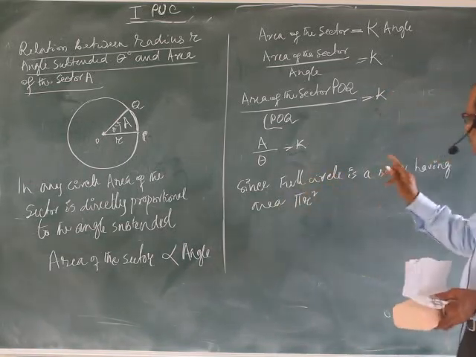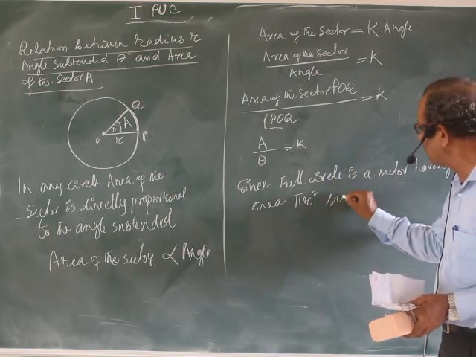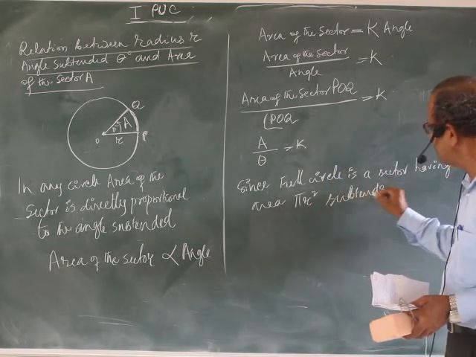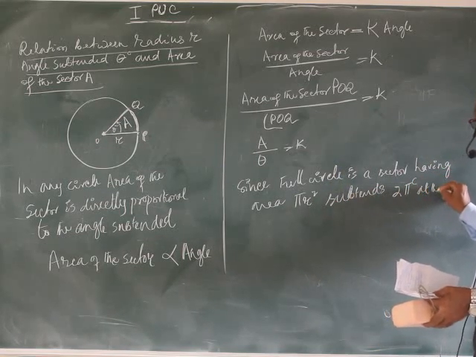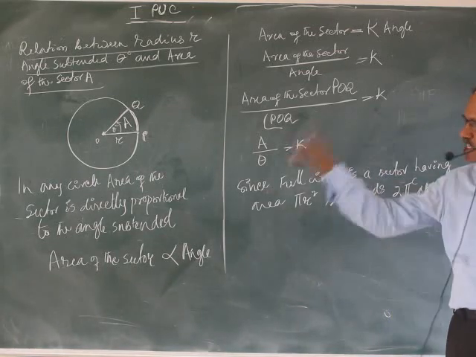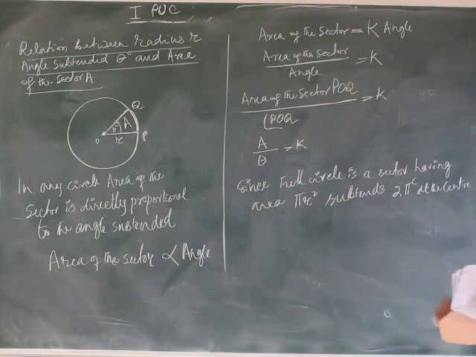Since a full circle is a sector having area pi r square, what is the angle subtended by it? Subtends 2 pi radian at the center, correct no? It is also a sector, it has also angle, it is 2 pi radian.